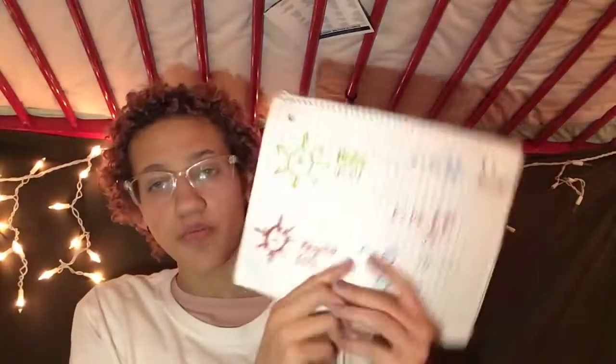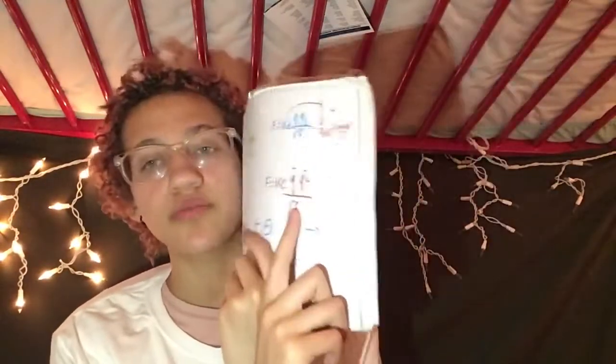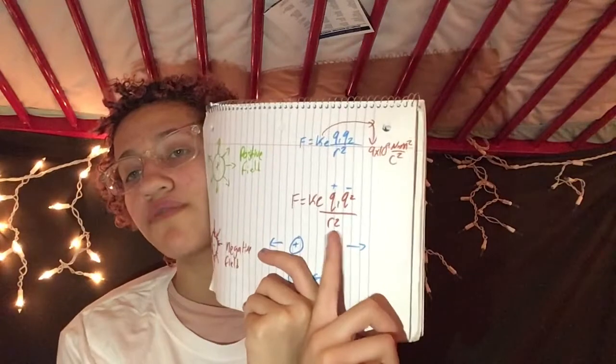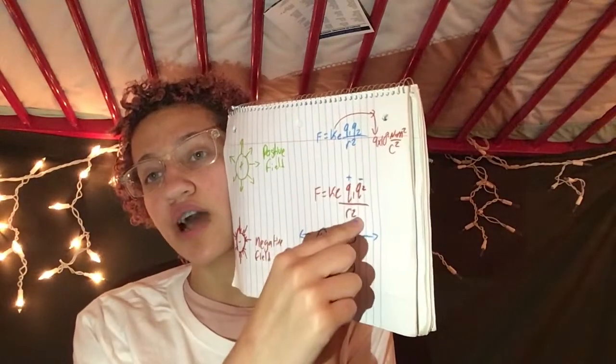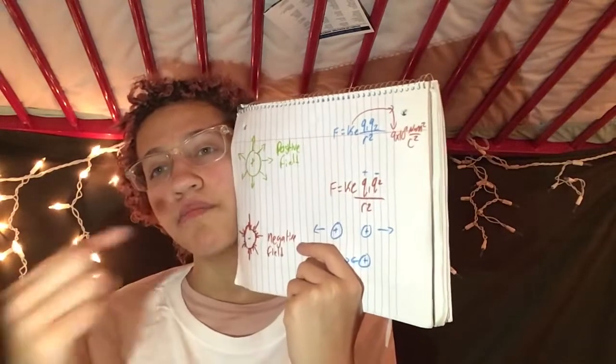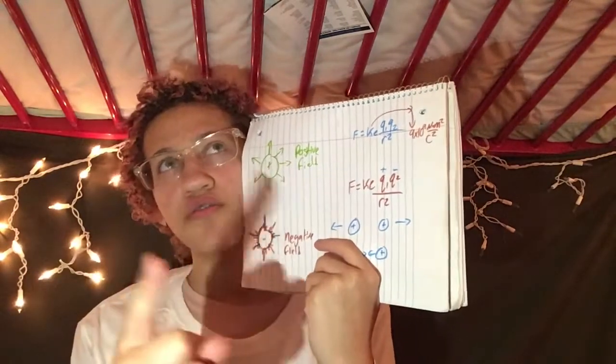And so if you were to double the distance, you would have 2r squared, which would make you divide this force out by more, meaning that there is less force between them. You know what I mean?